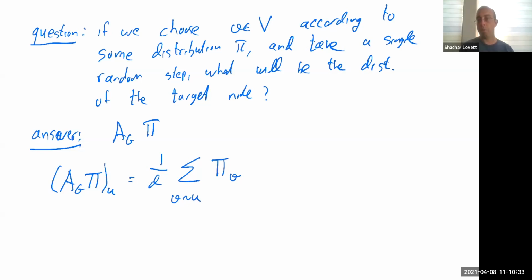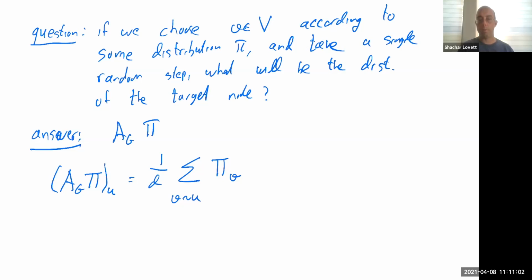I need to start from a neighbor V of it. The probability that I was at V before is pi(V), and then taking one random step, I reach this node U. Notice here we're using the fact that both U and V have degree D. This is something we're implicitly assuming here.